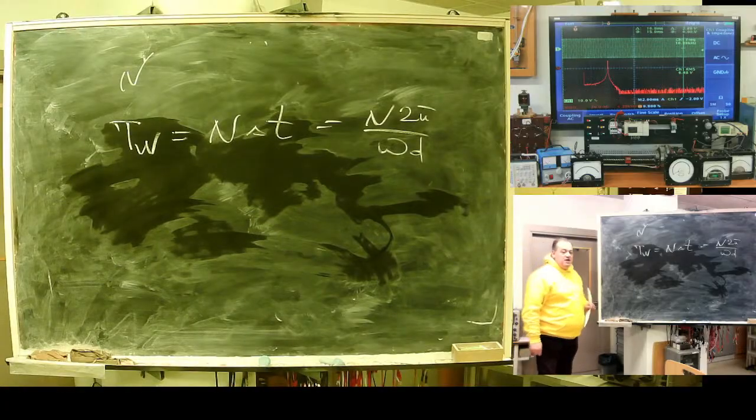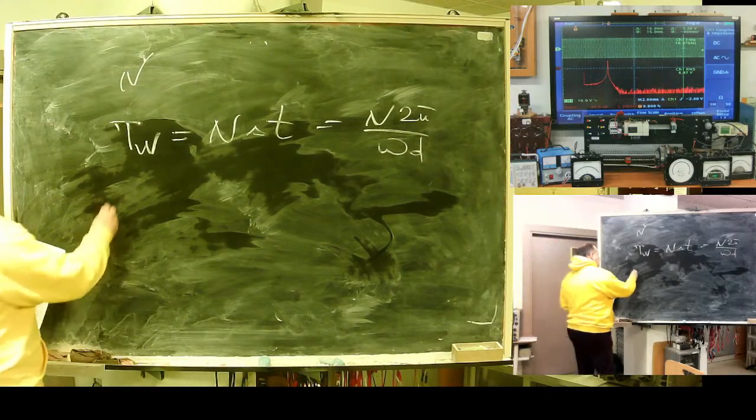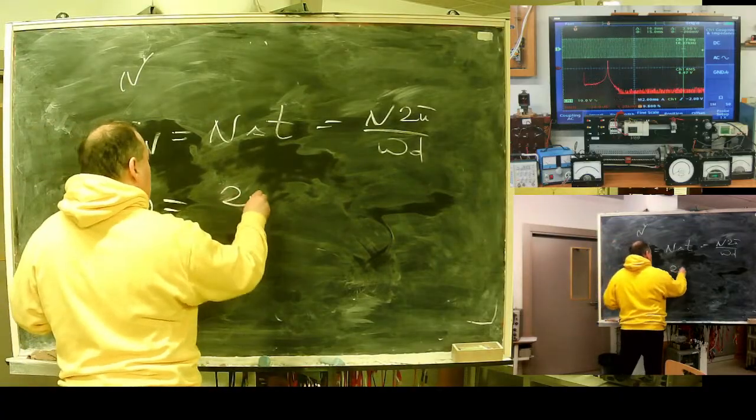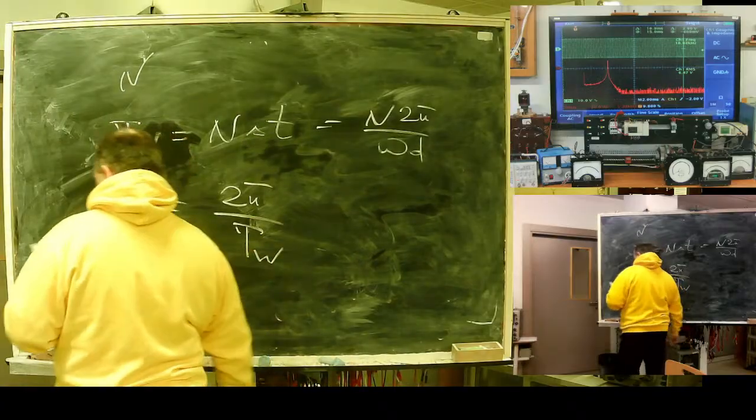The space between frequency lines, or frequency net, delta omega, will be 2π divided by Tw.